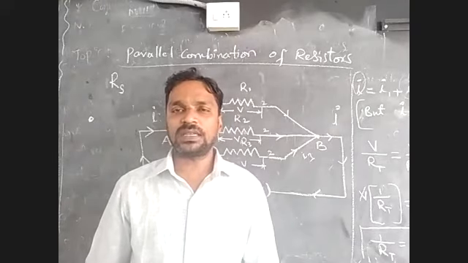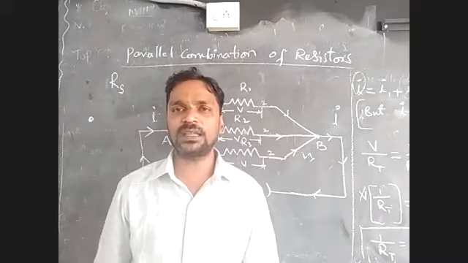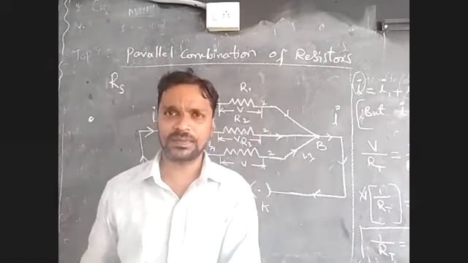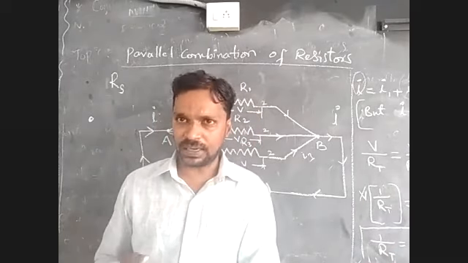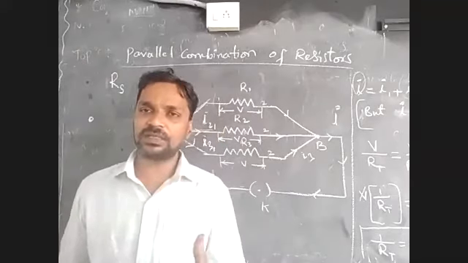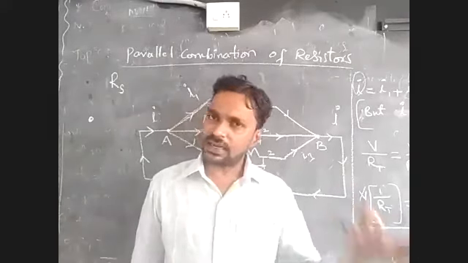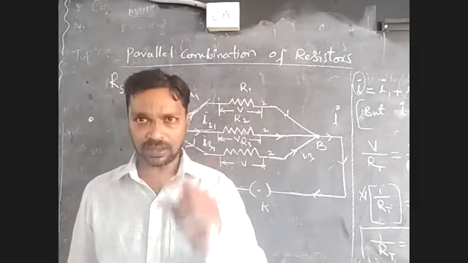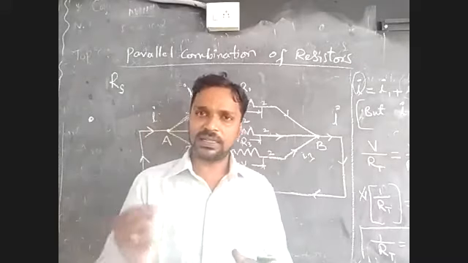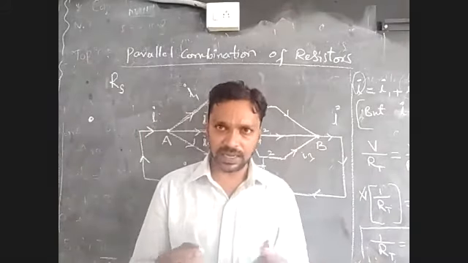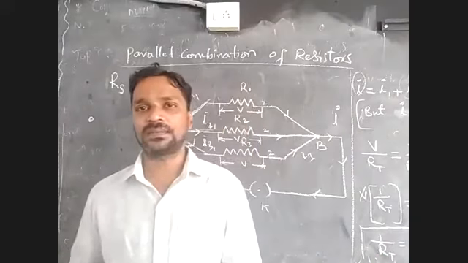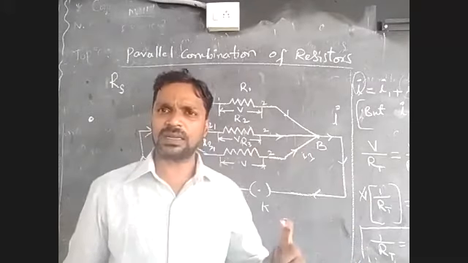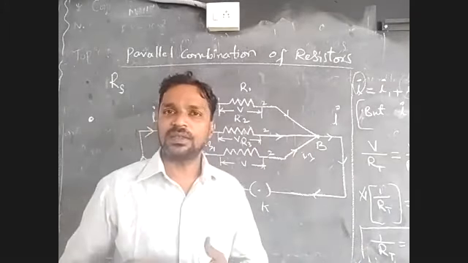I told you resistance is the property of a conductor which opposes the flow of current. The device or material or any other object which offers electrical resistance to the flow of electric current is called a resistor. The property is like friction, an opposition to the force.